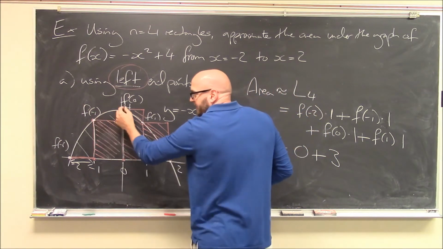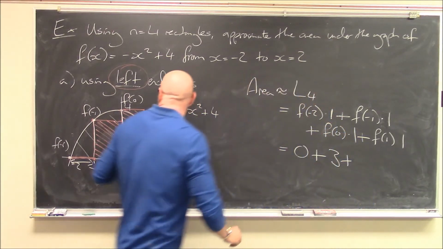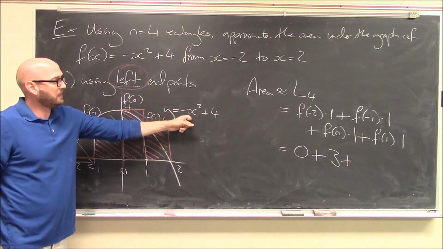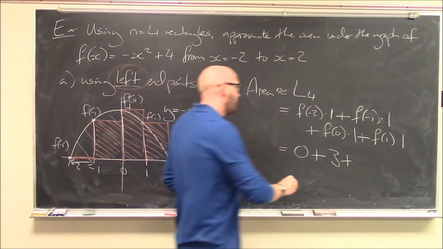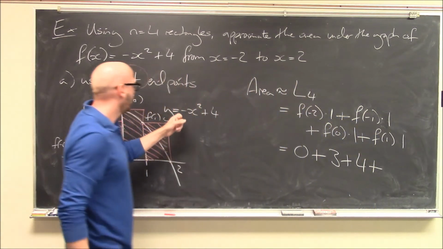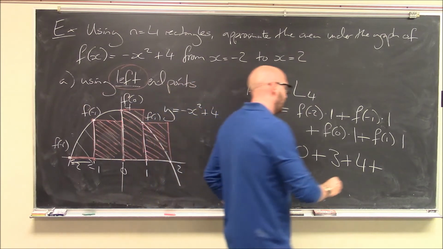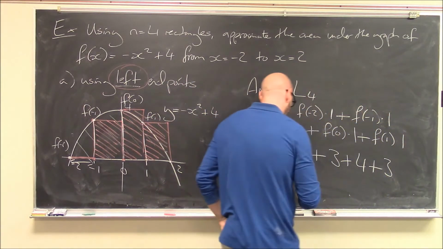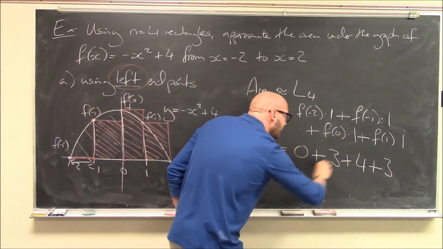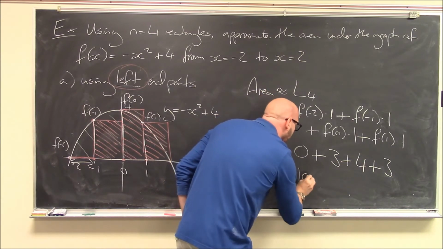Should be something less than 4 but bigger than 0. Plus f of 0, plug in 0 to this function, we get 0 squared plus 4 is 4. And last but not least, plug in 1, we get minus 1 squared, so minus 1 plus 4 is plus 3. Which is exactly equal to 3 plus 4 plus 3 is 10.